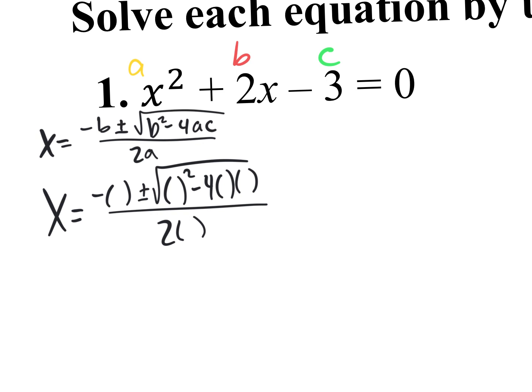Then plug in your B values. Your B values are 2 right there and right there. Plug in your A value of 1, which is right there and right there, and your C value of -3, which is right there.